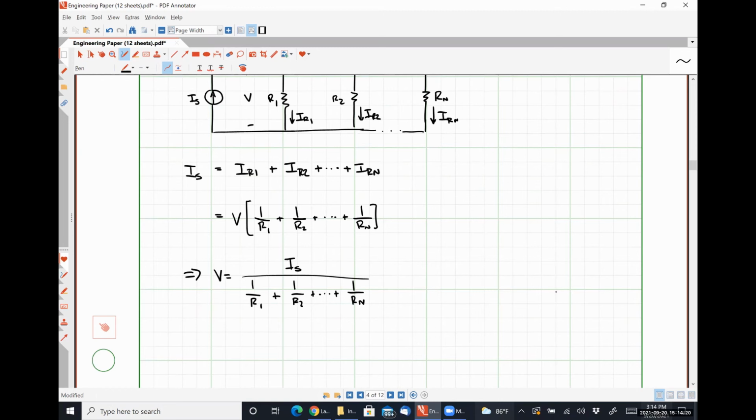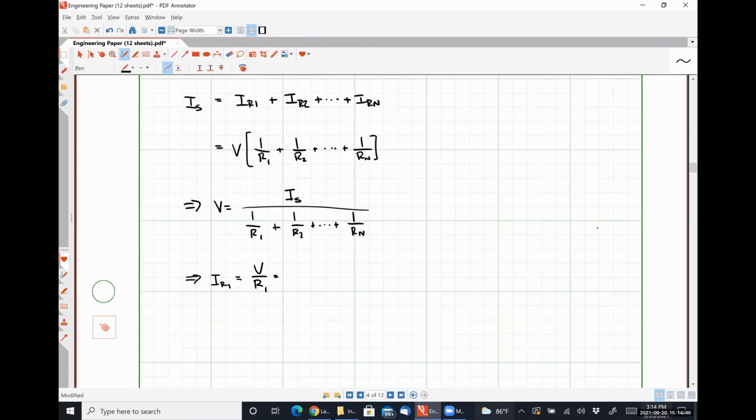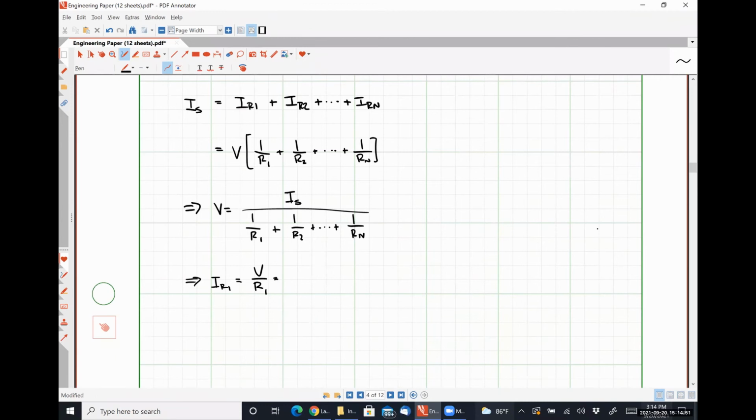And now I can say that my current IR1 is just V over R, right? Or V over R1. So I'm going to write this down in what's going to look like a fairly interesting way.